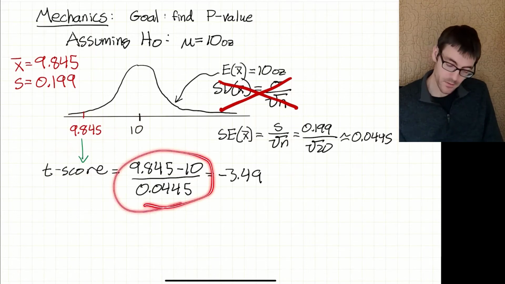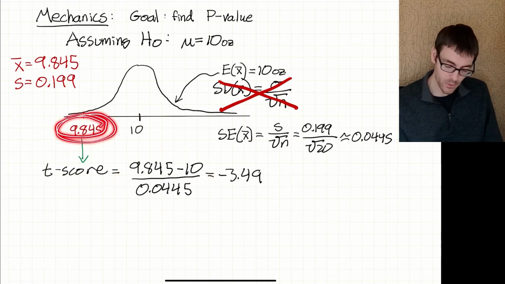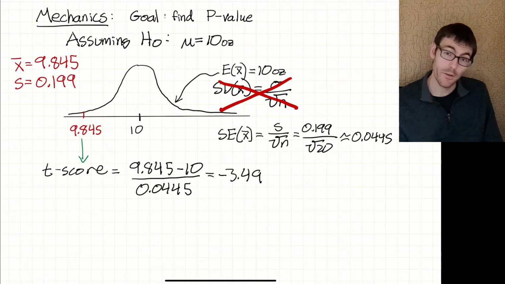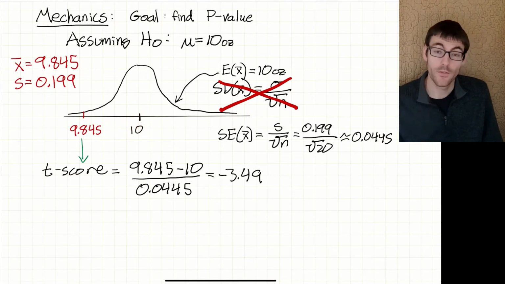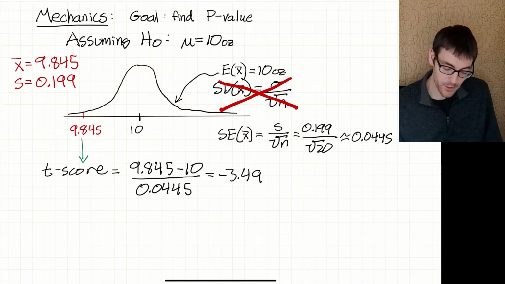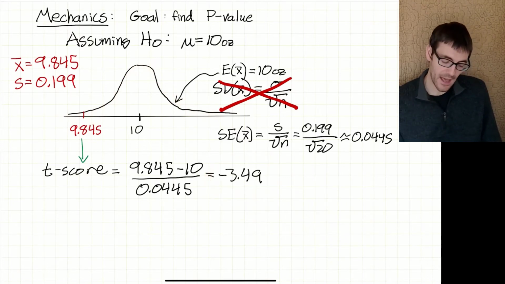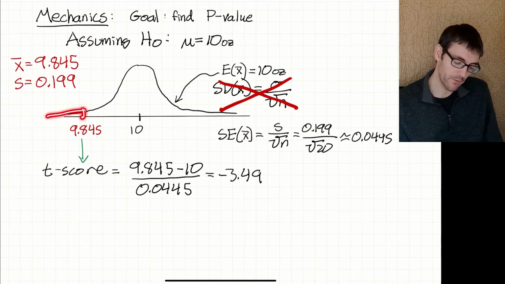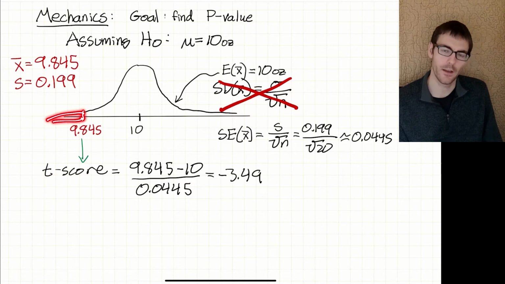So if we evaluate this, we'll see that our point in question is negative 3.49, so about 3.5 standard deviations less than the middle. If this was a normal distribution question, then we could use the function pnorm evaluated at negative 3.49 to find the probability of being less than this, the area of this distribution less than a cutoff.